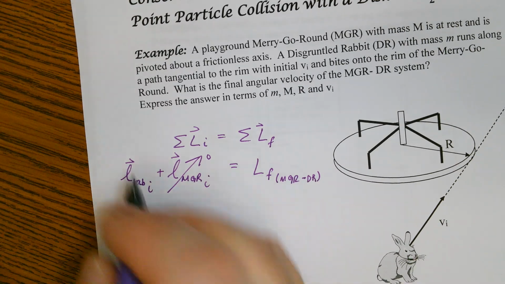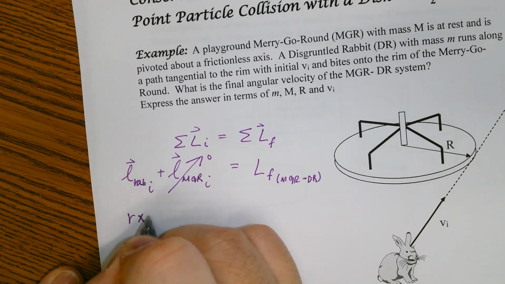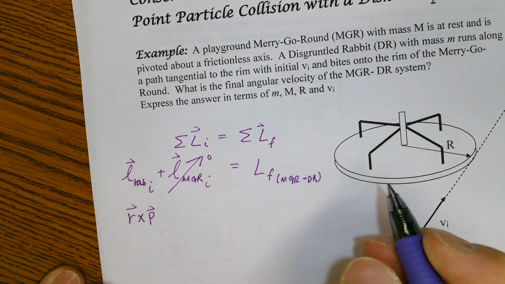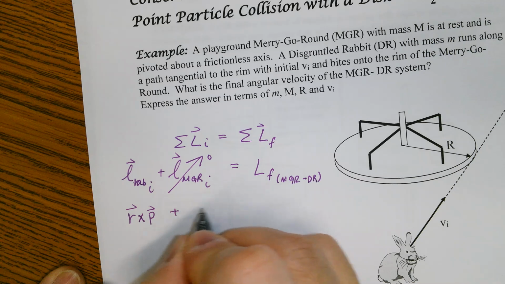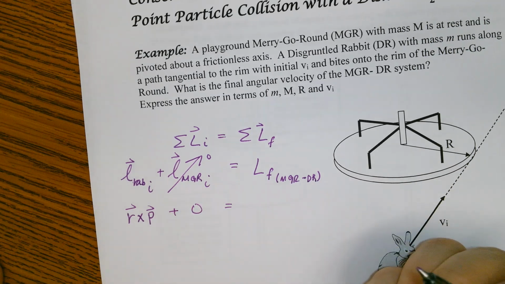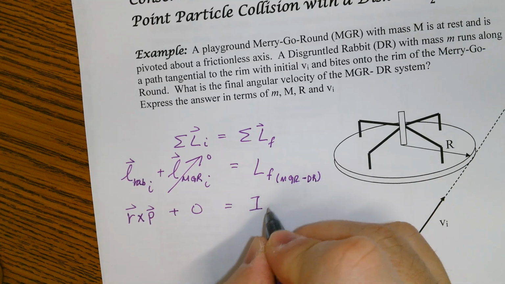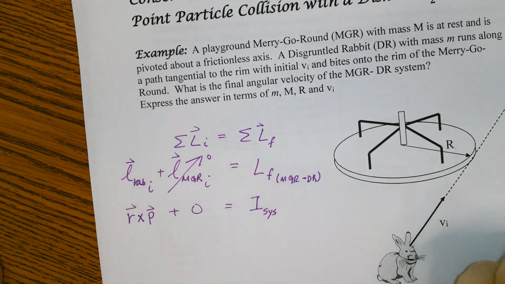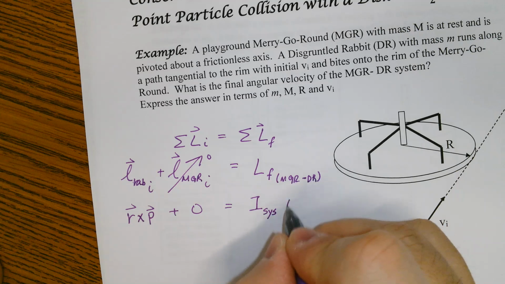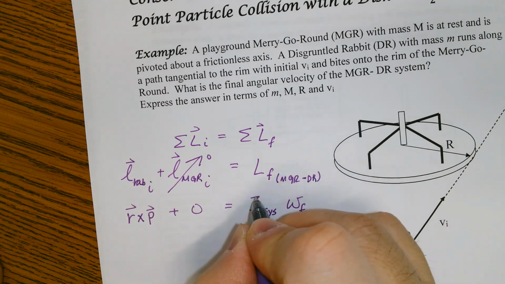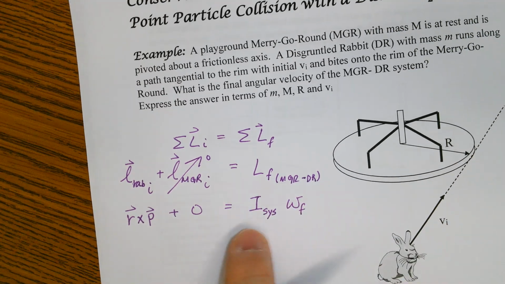Here, it is r cross p for the rabbit plus 0 is equal to I of both system times omega final. What is the I system?